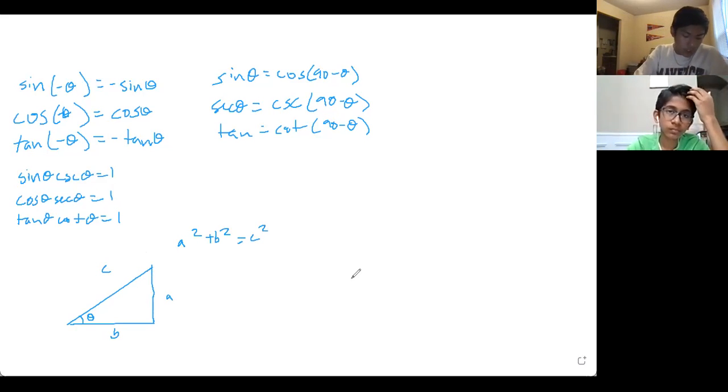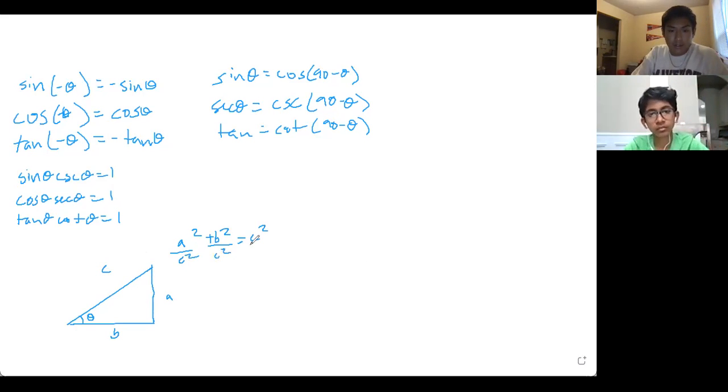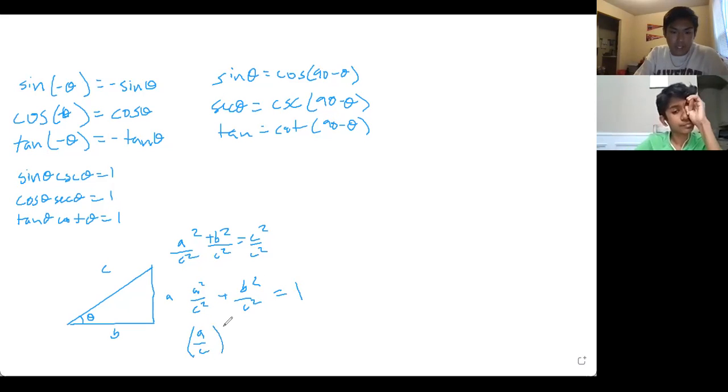I'm going to divide everything by C squared, and I'm going to get A squared over C squared plus B squared over C squared equals 1. Do you see how I got that? This is the same thing as A over C squared plus B over C squared equals 1, correct?